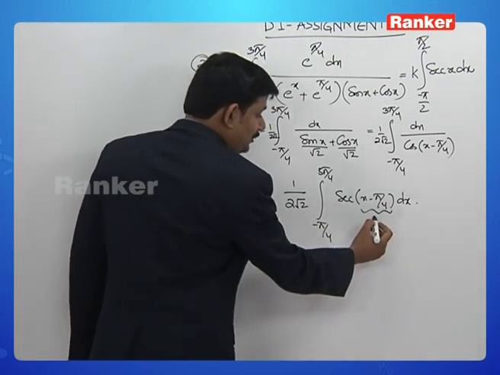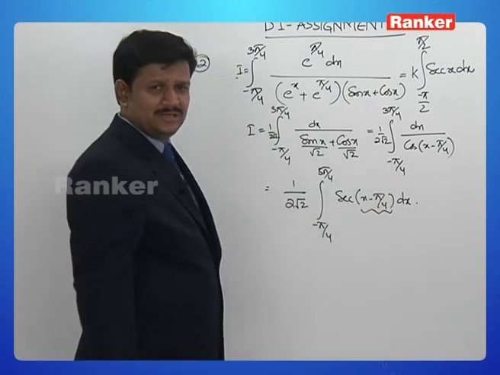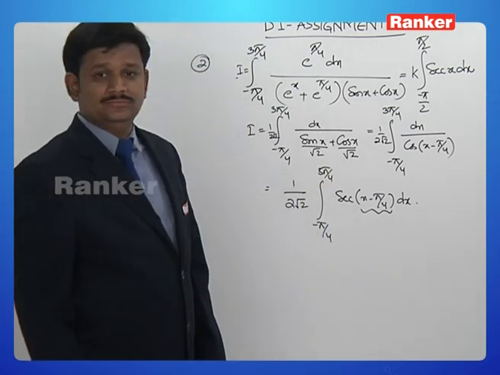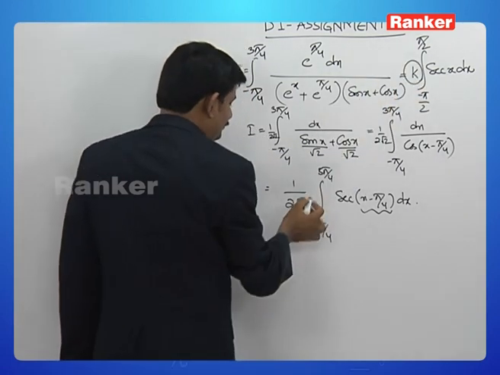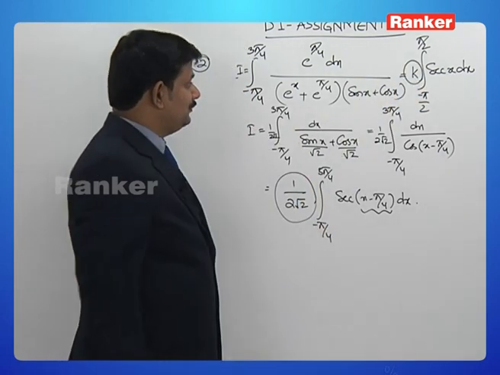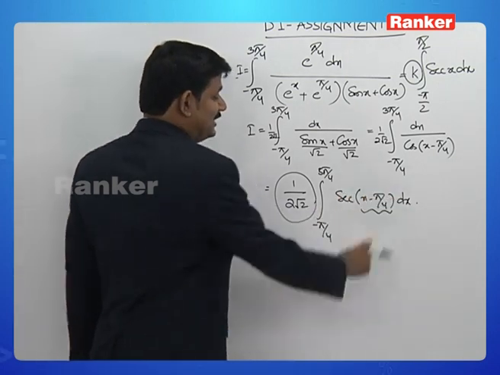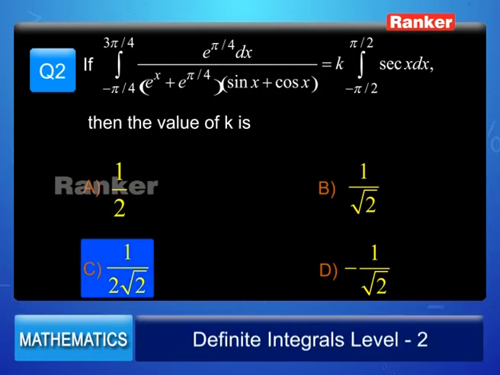So, this will be secant t, dx will be same as dt, and limits would be from minus pi by 2 to pi by 2. So, k, which is the coefficient of the integral from minus pi by 2 to pi by 2 of secant x dx, is nothing but 1 by 2 root 2. So, the answer would be 1 by 2 root 2, which is option 3.